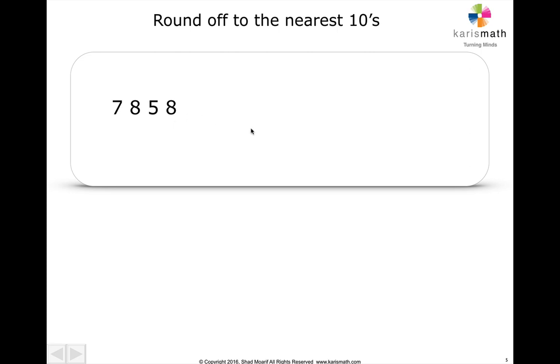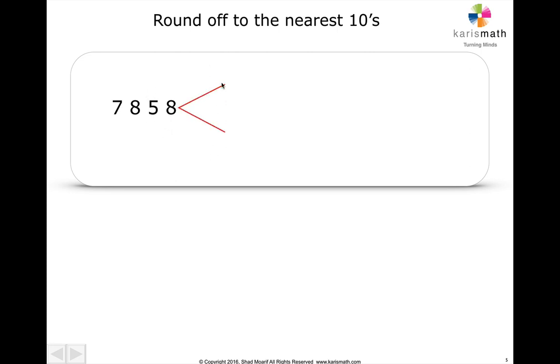Once you've got the rule, you should be able to practice with these numbers. 7,858, what does that round off to if you round it to the nearest tens? You're looking at 58. The units are more than 5, so you'll treat this as another 10, so increase this by 1/10.